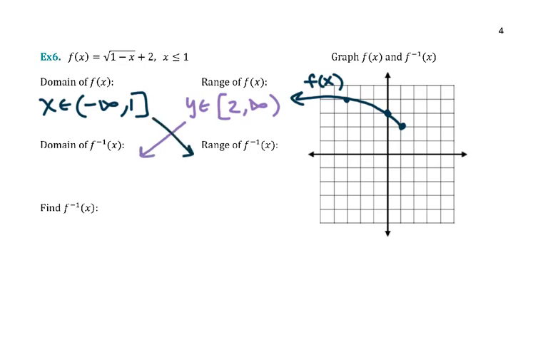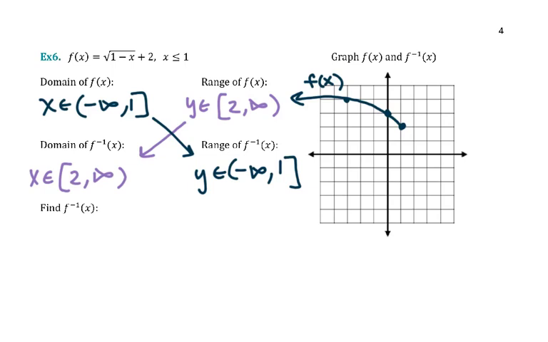Switching both of those, x is now going to be from 2 to infinity in the domain of my inverse, and y is going to be from negative infinity to 1 in the range of my inverse.